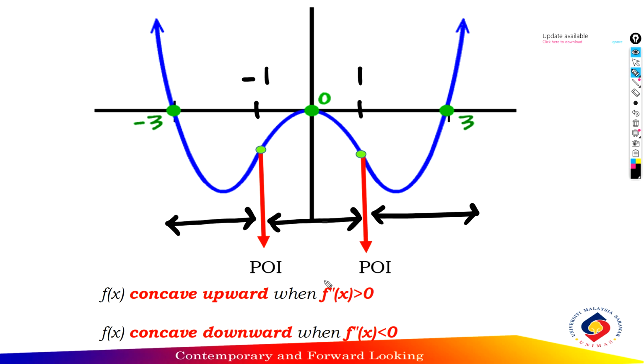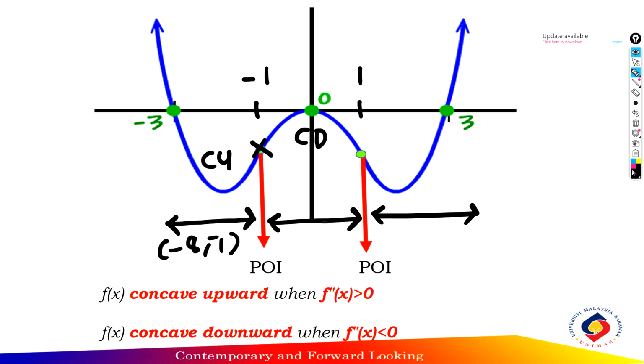The first interval is between negative infinity and x equals -1. The graph here is concave up, so you put CU, and then between -1 and 1, the graph is concave downward, CD, and here is the inflection point.